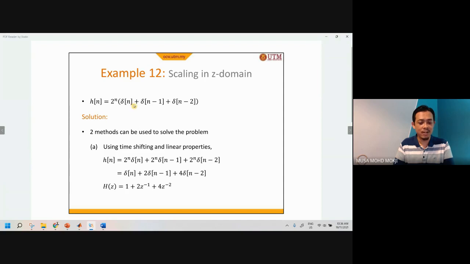Try to find out again what is the mistake, because the mistake is because of the delta[n]. All right, so let's continue. h[n] equals 2 to the power of n times delta[n] plus delta[n minus 1] plus delta[n minus 2]. So what is actually delta[n]?